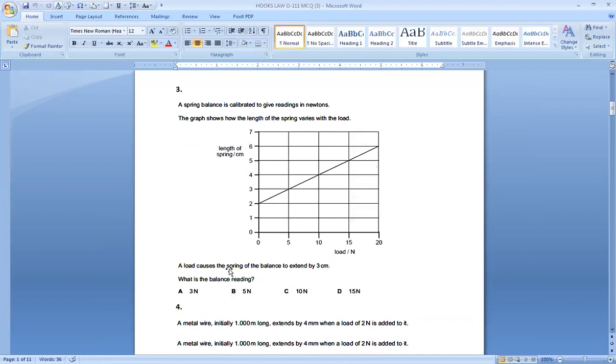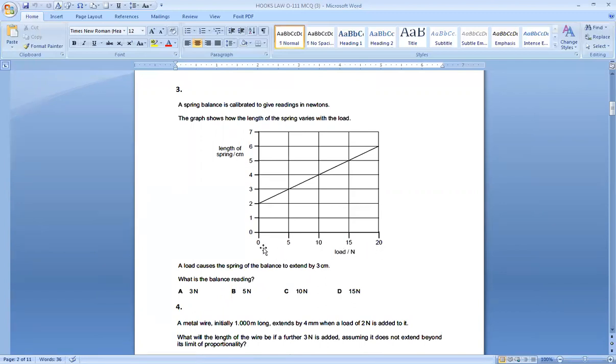Number 3, a spring balance is calibrated to give a reading in newtons. The graph shows how the length of the spring varies with load. In the graph, horizontally he is showing load in newtons and vertically he is showing length of the spring in centimeters.